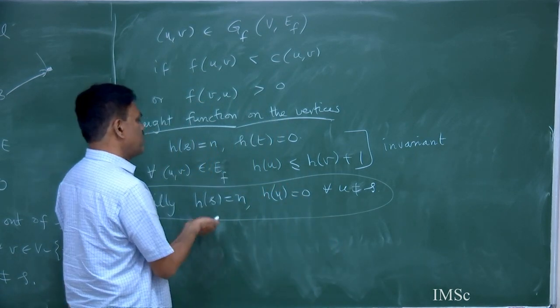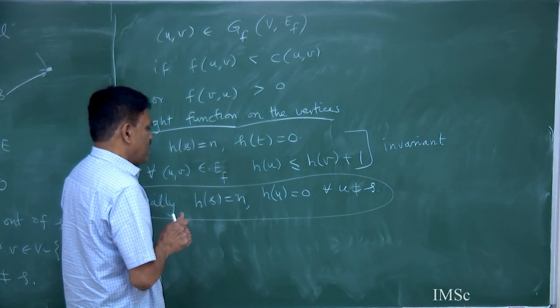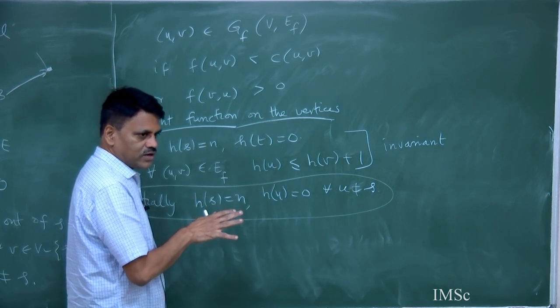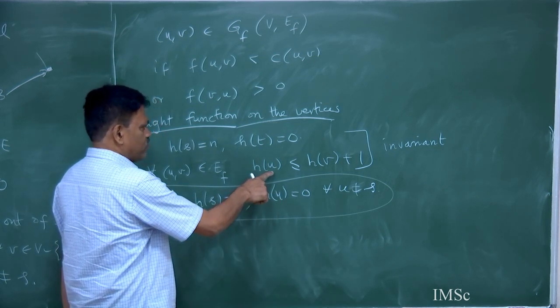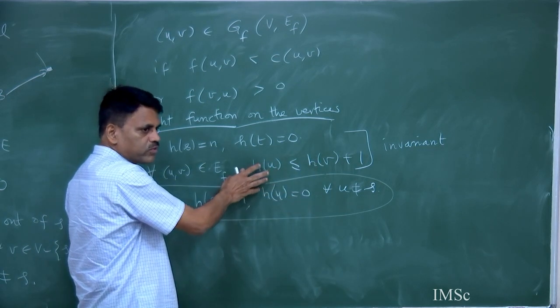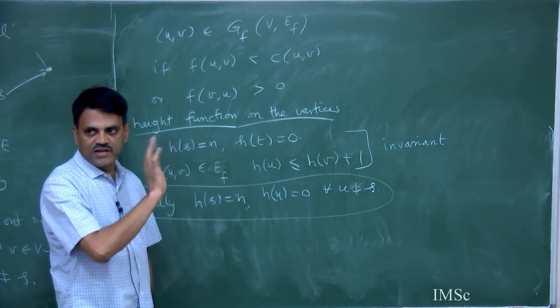Height of S is the only thing which is very high, so you only need to worry about edges going out of S in the residual network, because then height of u is large, this is small, and you have a problem. But thankfully, no edge out of S is in the residual network.